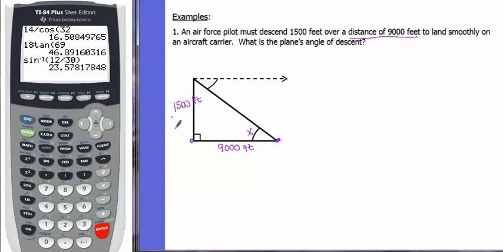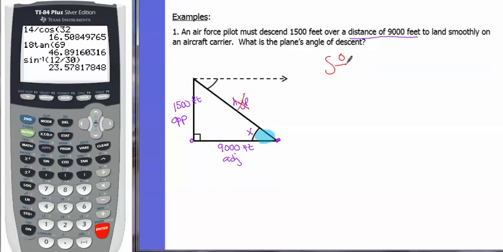So now that I have my right triangle drawn, this turns into the same exact steps that we did before. I need to pick an acute angle. So there's my angle. Then I have to label my opposite, my hypotenuse, and my adjacent. And which one has no information by it? My hypotenuse.